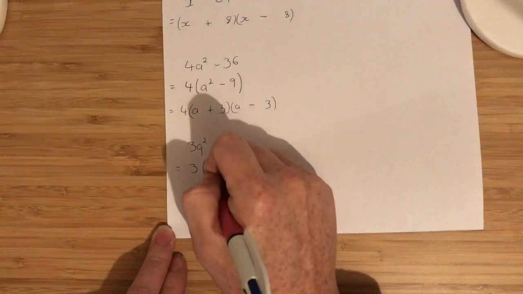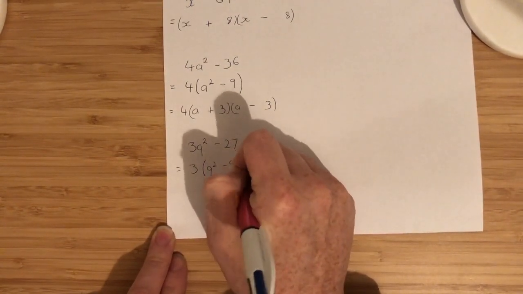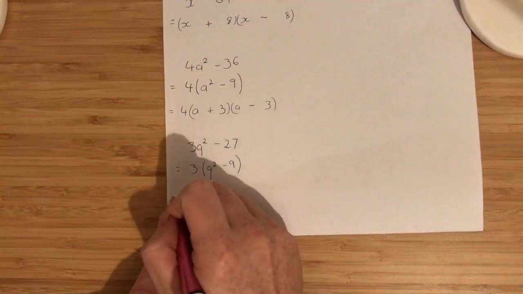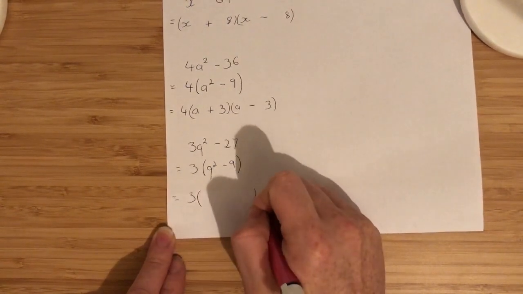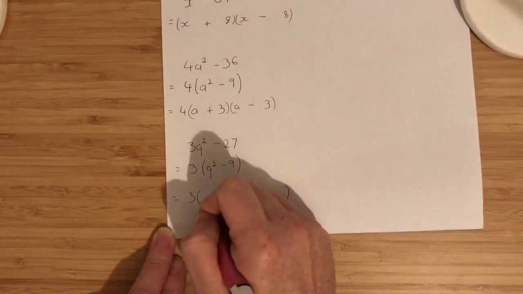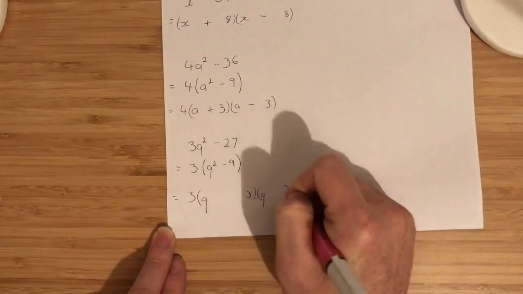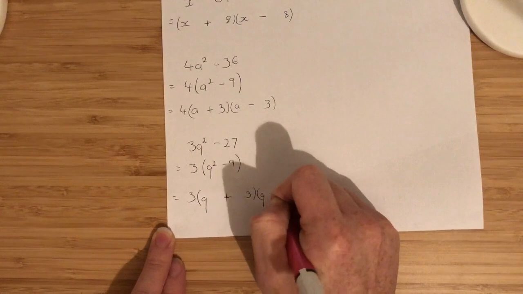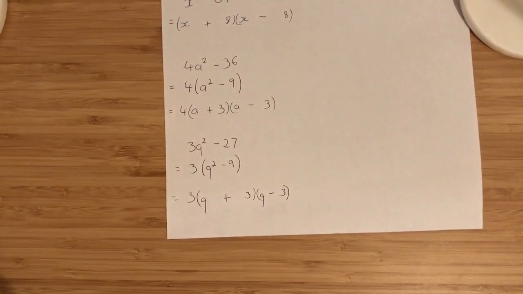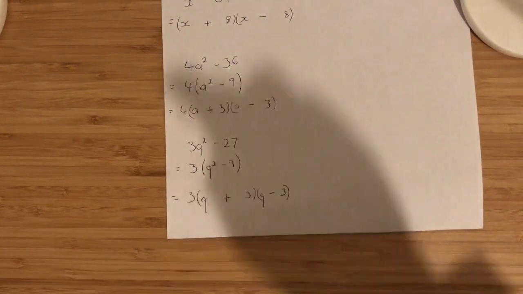You're left with q squared minus 9, just similar to the one we just did, equals 3, double bracket, q goes in as the first term, 3 goes in as the second, plus minus. And that is you factorising using the difference of two squares along with some highest common factor.